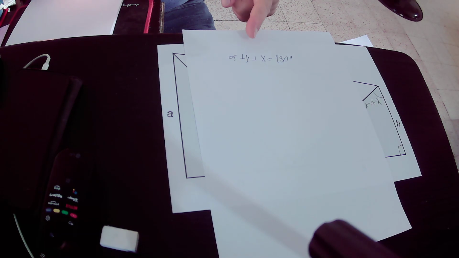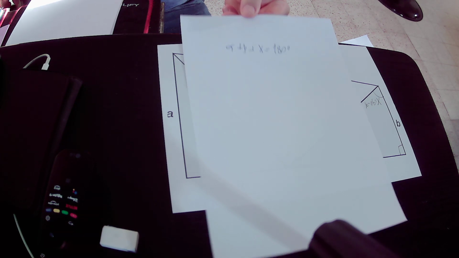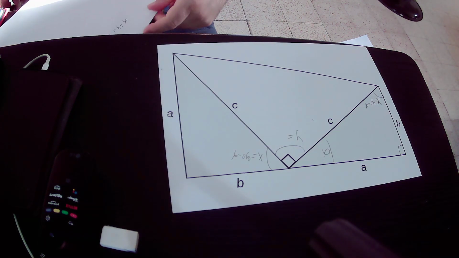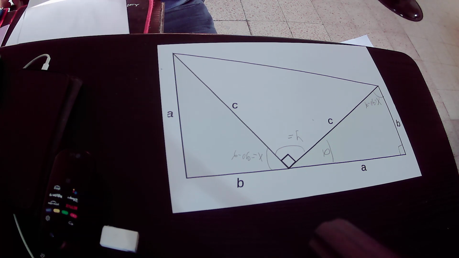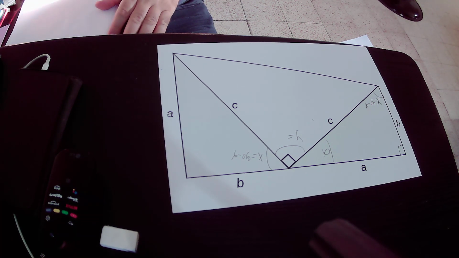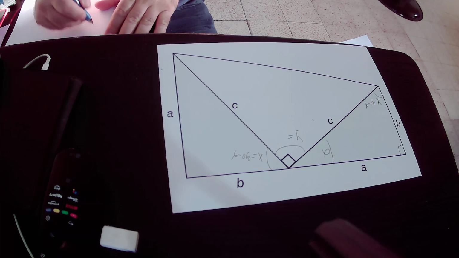Alpha plus y plus x equals 180 degrees, but we know that x equals 90 degrees minus alpha, so we can substitute x by 90 degrees minus alpha.